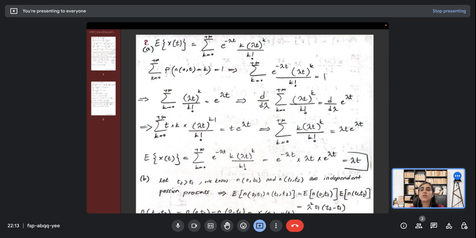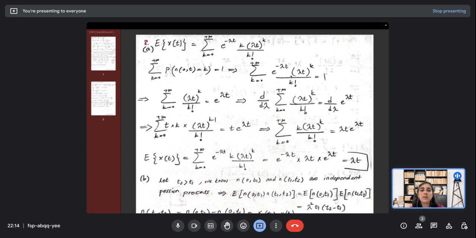As you know, the sum of the probability density function over all of the events is equal to 1. So we can just substitute the p with the formula.